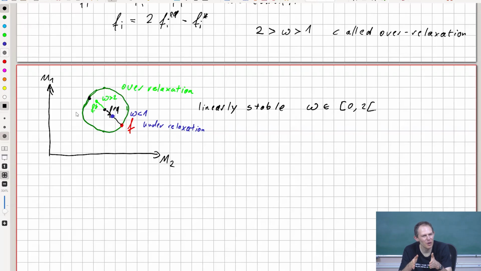So if you do too much under relaxation, you may lose your connection to the Navier-Stokes equation and get what is called lattice artifacts. You will see more and more of the anisotropy of your discretization. So usually lattice Boltzmann is used in over relaxation mode. You can do a little bit of under relaxation, but you cannot heavily under relax.